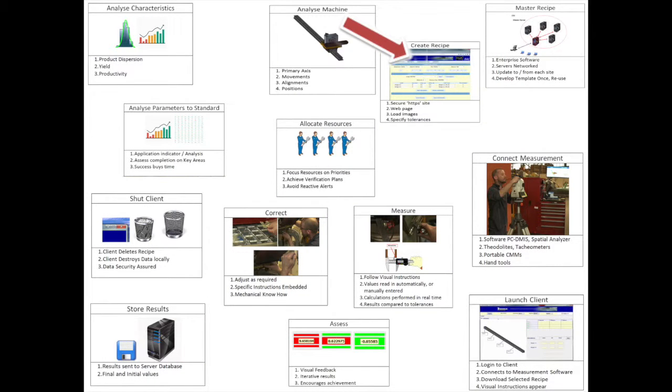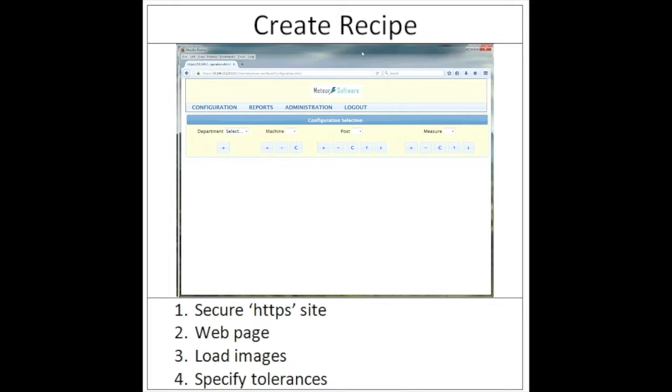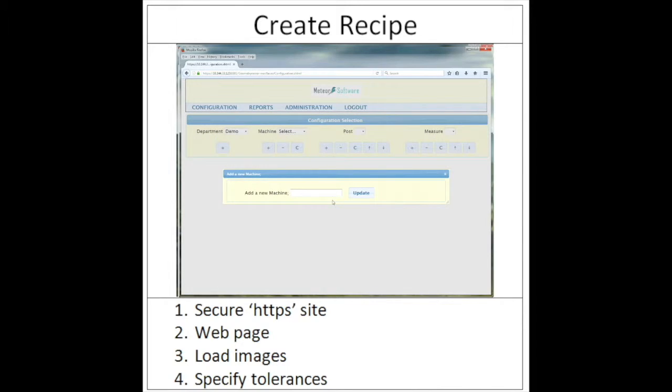Next up then, in our diagram, we look at how to create a recipe. In this case I've called it a recipe, but it's content. You use the Meteor web page interface, which runs on a secure HTTPS site, which means the content is not available to anybody else.